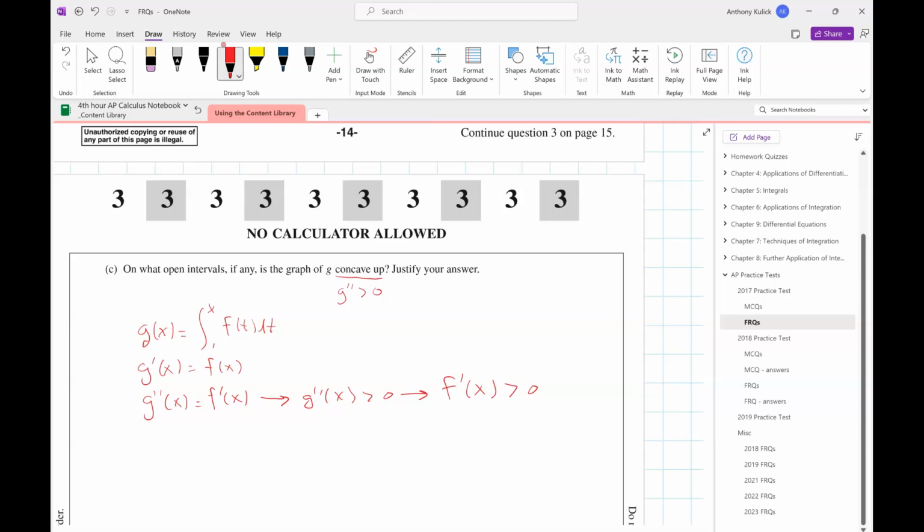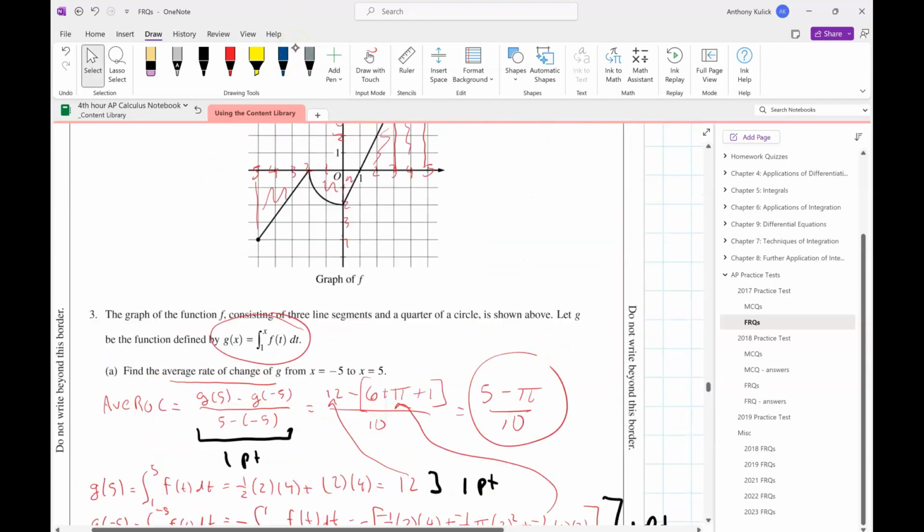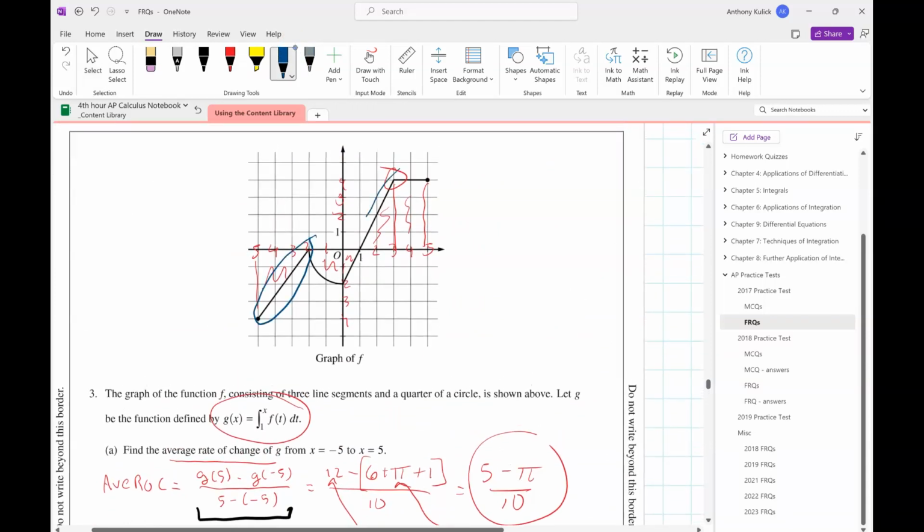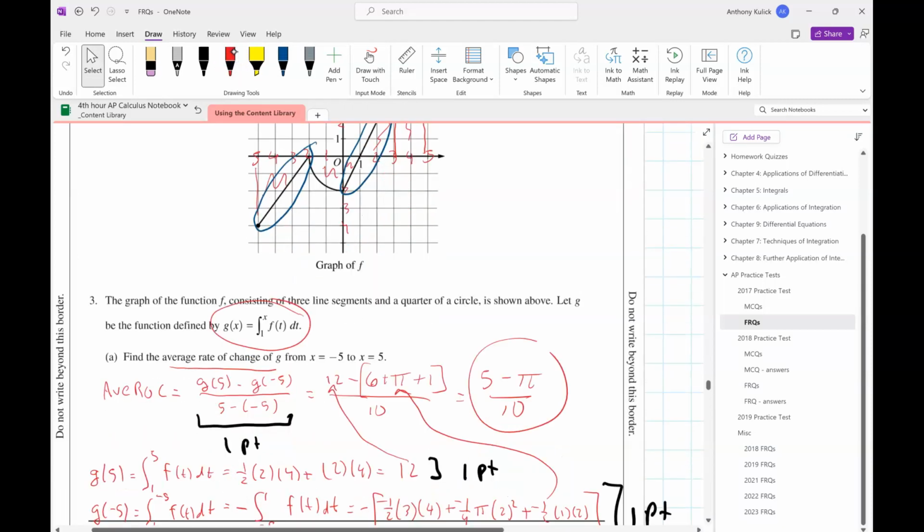We don't know anything about f prime, right? All we have is the graph of f. So what am I looking at in f to show me that f prime is greater than 0? What feature is f going to have when f prime is greater than 0? When f prime is greater than 0, the slope of f is positive. Great. So I'm going to write f is increasing. So that's what we're going to look for. If I go back up to my picture, where are we increasing? Here and here. So -5 to -2, and then 0 to 3.